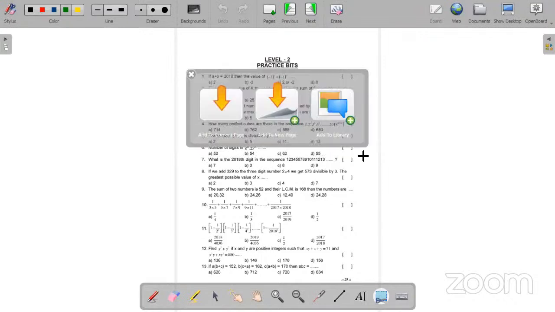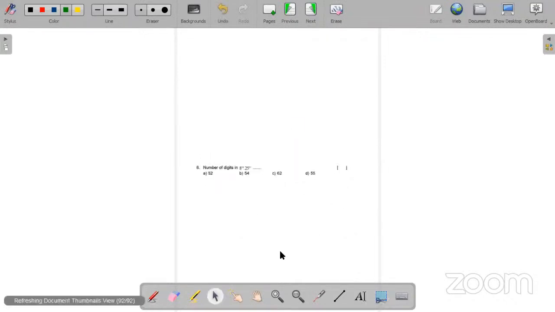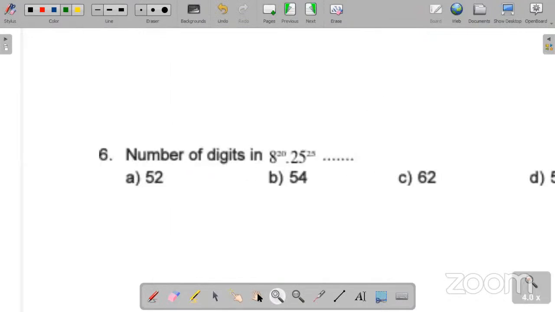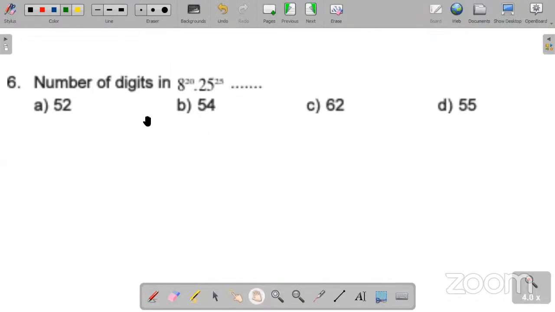You try this question. Right, this is the question. The number of digits in 8 to the power of 20 into 25 to the power of 25. How many digits are there? That we need to find out.